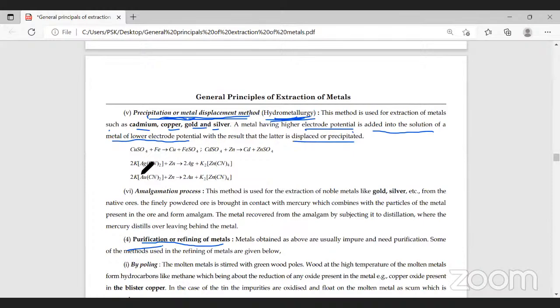For example, gold ore is dissolved in potassium cyanide, and we get a complex like this, for silver or gold, AgCN. When this is allowed to react with a solution of zinc, zinc being more reactive will displace silver, and will displace gold here. So you get silver and gold. This process is called hydrometallurgy. We will learn the extraction by hydrometallurgy also in detail in the next class.